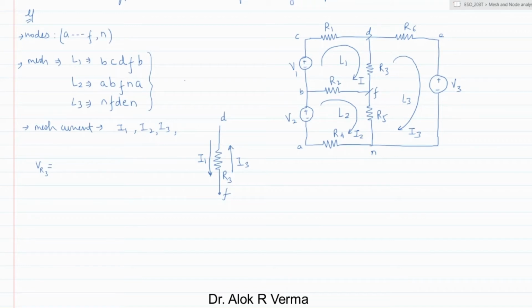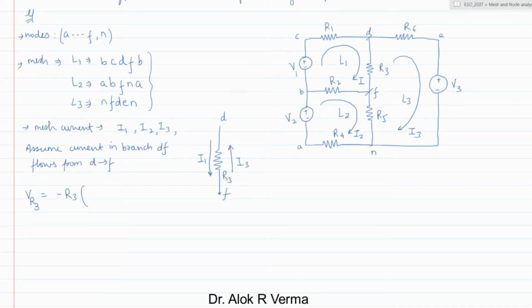So assume the current in branch DF flows from D to F. Now we have fixed the direction, so the voltage across R3 in this branch is negative of R3 times the net current.